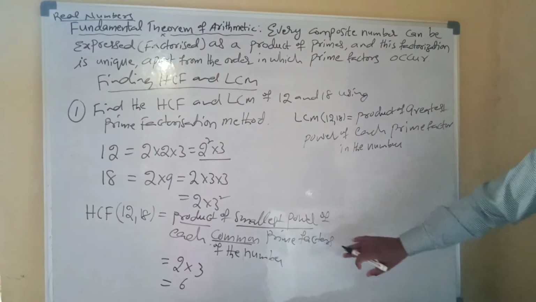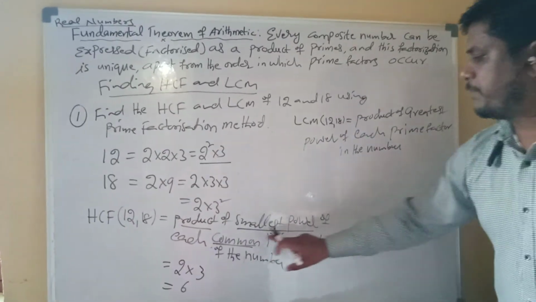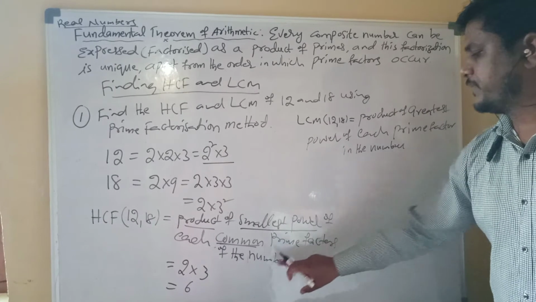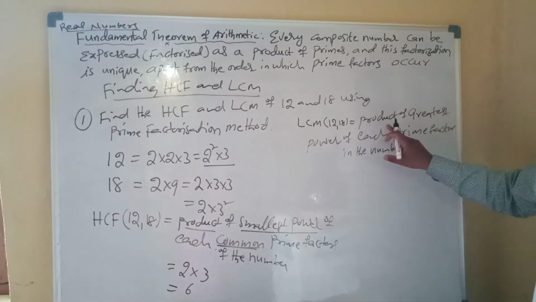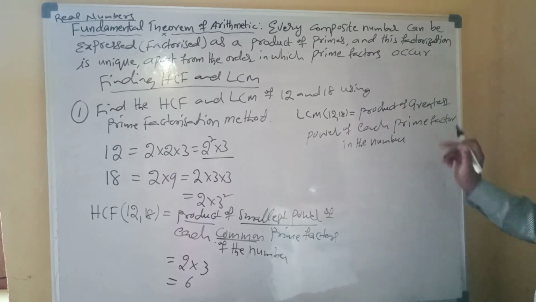You have to compare this LCM definition and HCF definition. HCF is the product of smallest power of each common prime factor of the numbers, and LCM is the product of greatest power of each prime factor in the number.